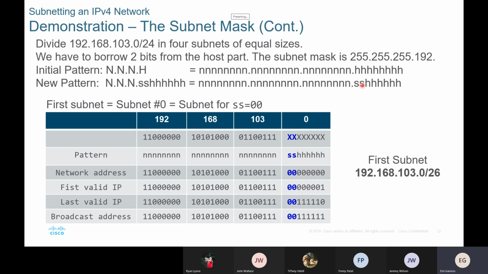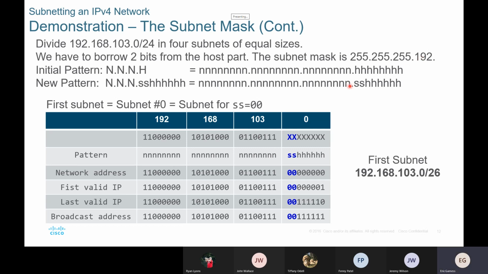So I will go from a 255.255.255.0 subnet to a 255.255.255.192. 192 has 2 ones. I will go from a /24 to a /26 because I borrowed 2 bits.